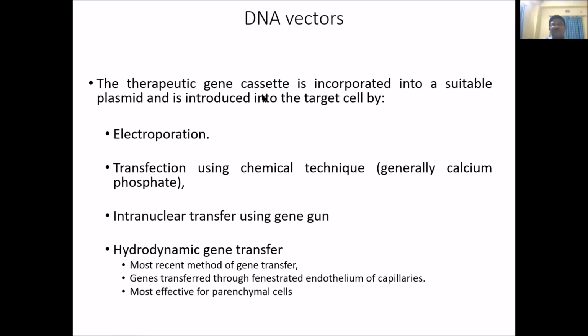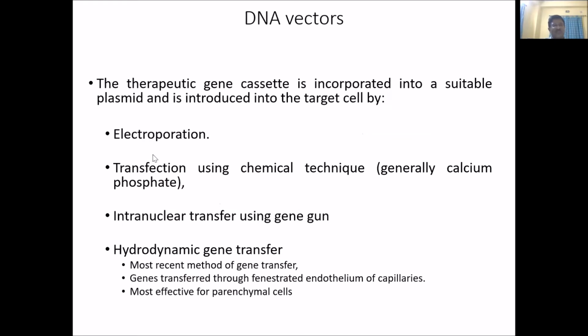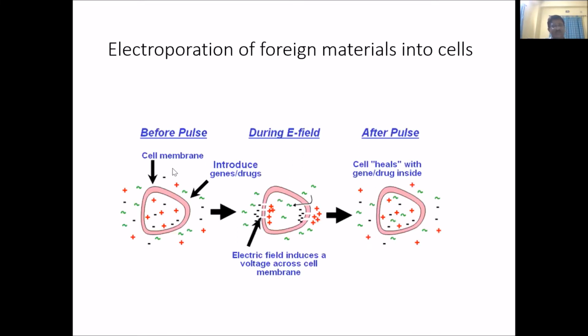So for the therapeutic gene cassette or the transgene cassette, we can use direct methods. As I told you, by electroporation, you can introduce the therapeutic gene cassettes directly into the cell by just giving an electric pulse.